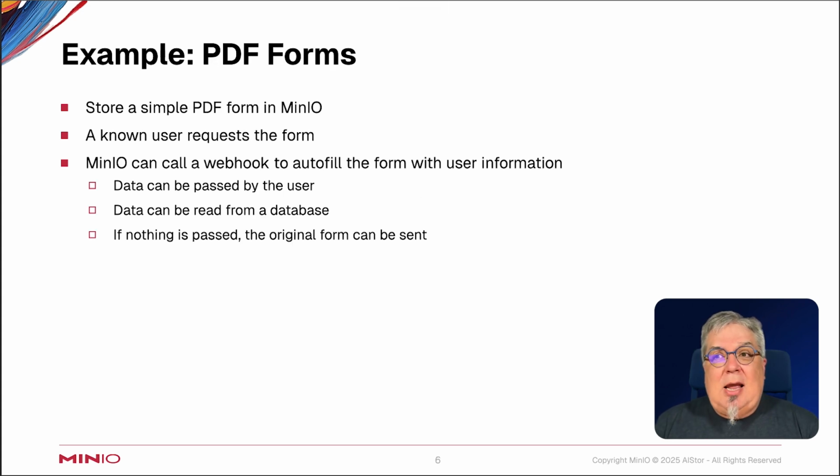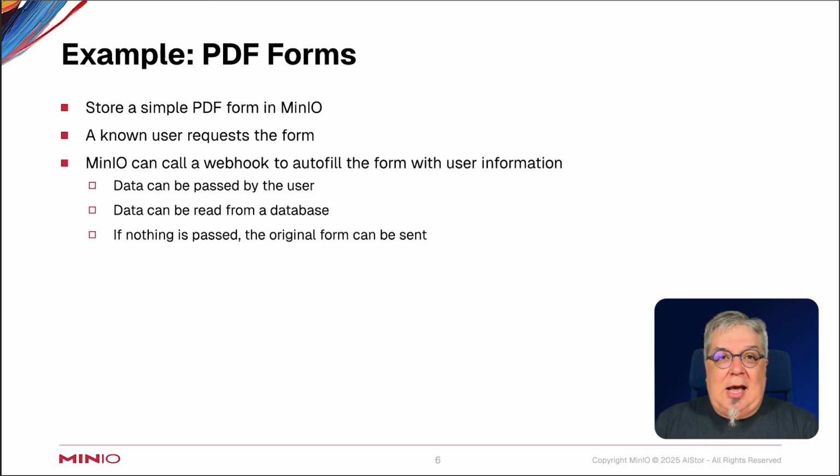One example that we might have is if we were working with PDF forms. What you might store in MinIO would be a simple blank template PDF. And then if a known user requests that form, MinIO can then call a webhook that can autofill some of the form with that user information. We don't have to store all those different versions. We don't have to store a different version for each user.